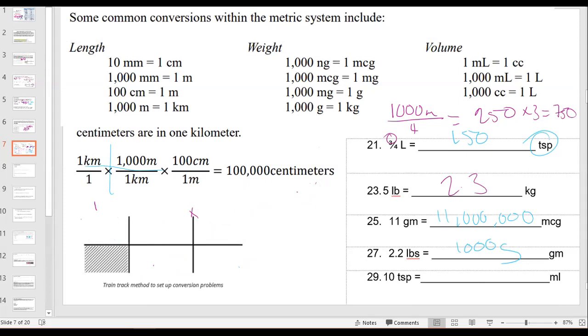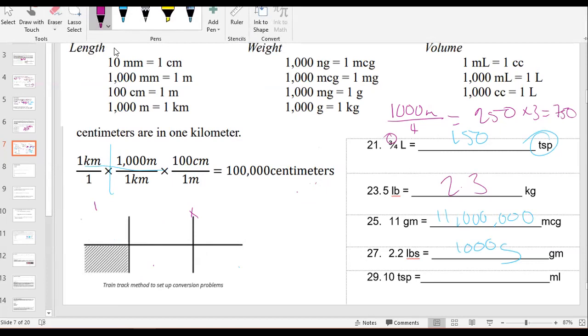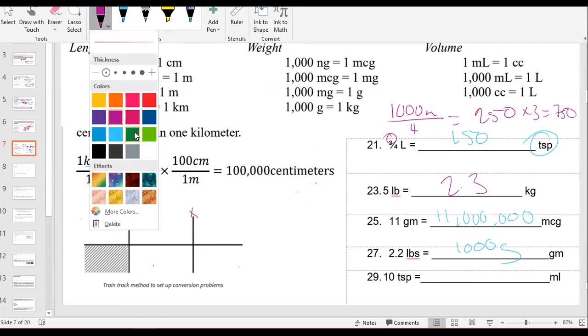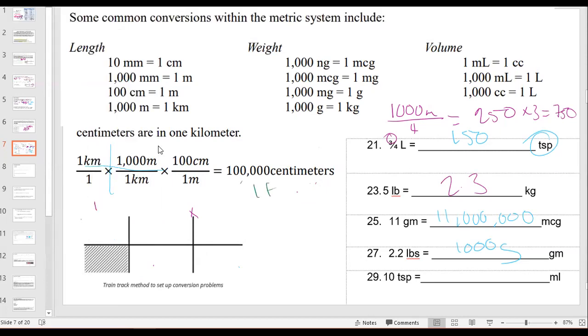What's my conversion factor for teaspoons to mLs? 1 teaspoon equals 5 mLs. Okay, so we have 10 teaspoons. Where am I going to put my teaspoons portion? Top or bottom?